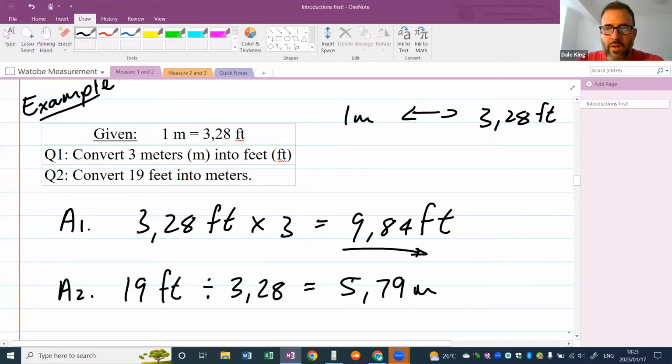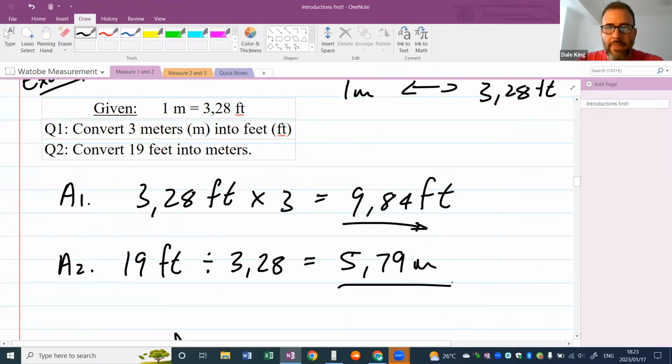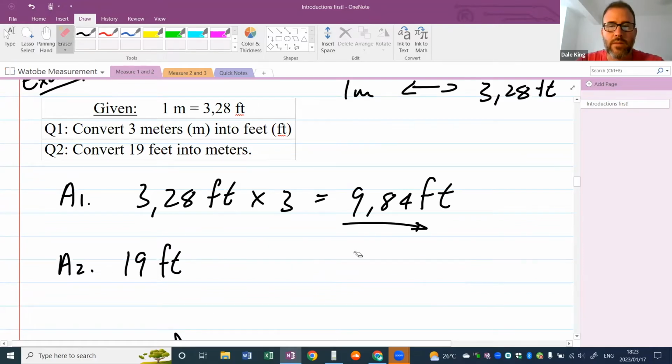All right. Another way to look at the sum, let me just run this out quickly, is to say, if I know that there are 3,28 feet for every meter, and then I want to know how many meters are in my 19 feet, then I'm going to ask myself, how many 3,28s are there in 19?